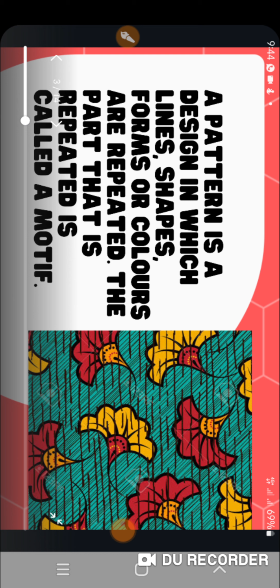A motif is like a form of shape, and a pattern is multiple shapes. A motif is like an image or picture, one unit. And the pattern is a repeating unit. Thank you, Gerald.